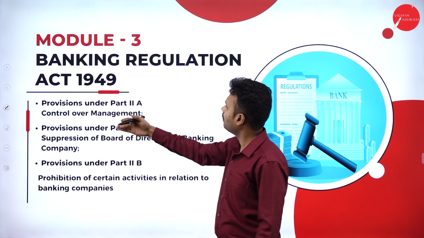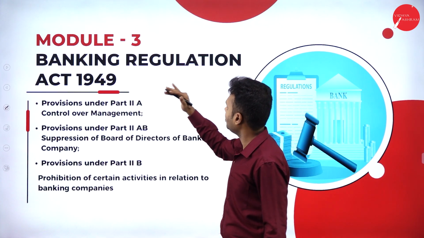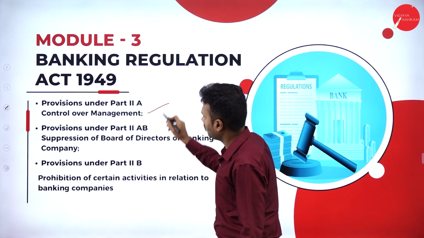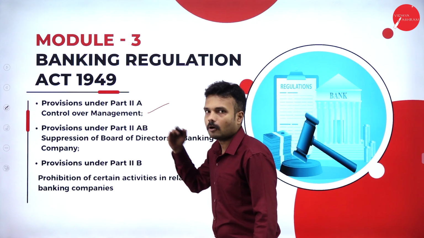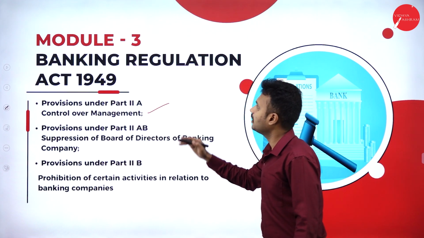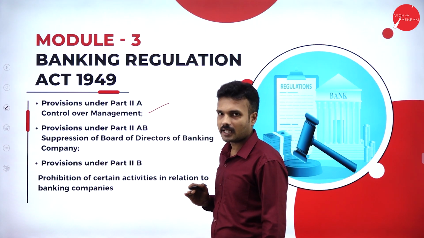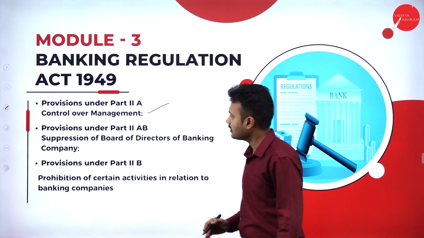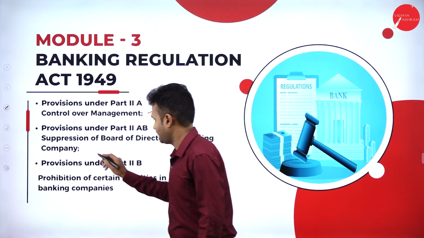Under the provisions of Part 2A of the Banking Regulation Act 1949, we are going to study the control over management. Under Part 2AB, we are going to study the separation of Board of Directors of the banking companies.